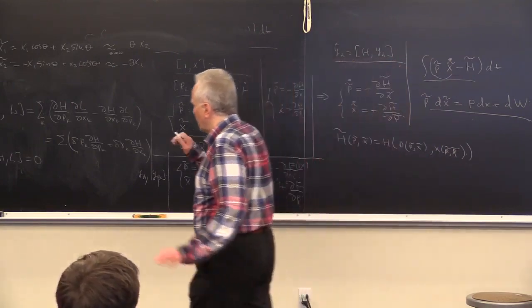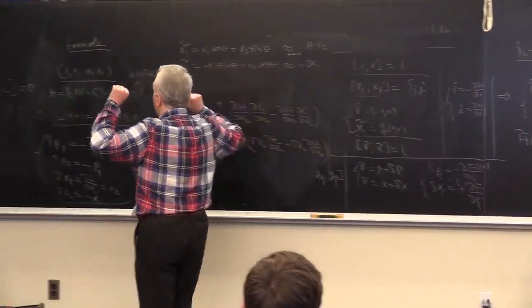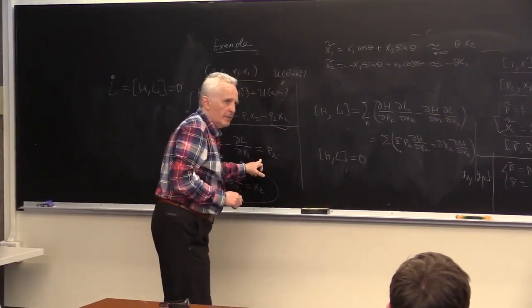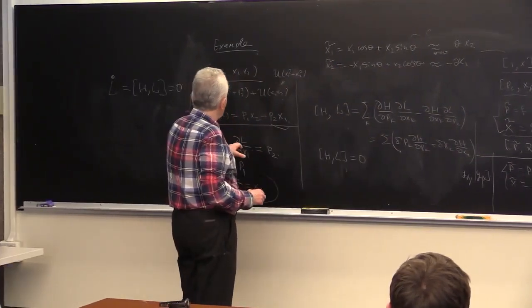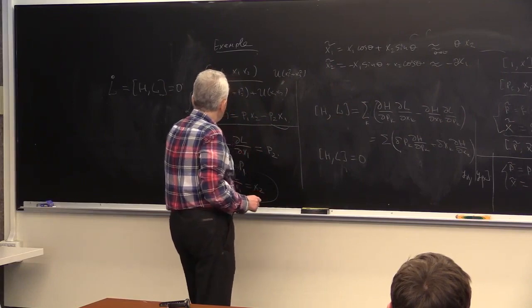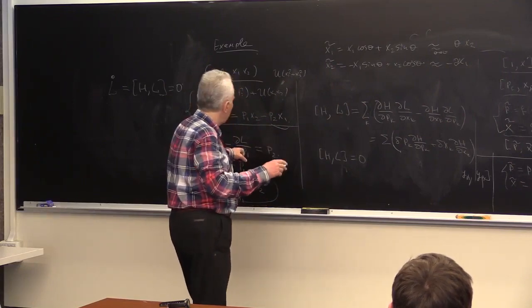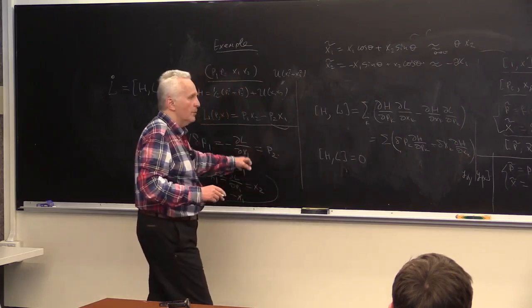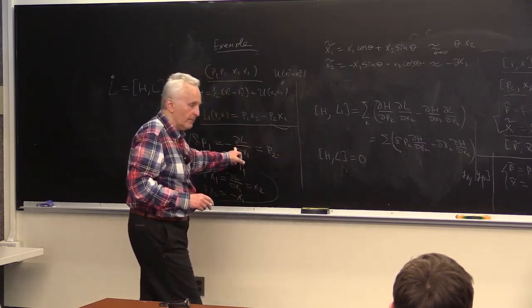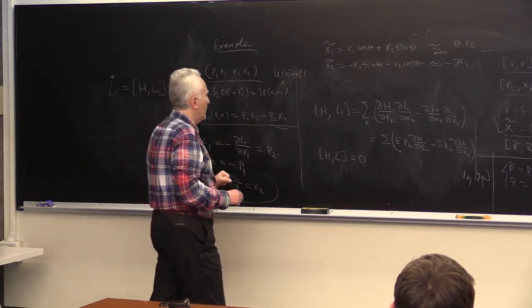Well, again, these are infinitesimal transformations, okay? We learned that these transformations are generated by function L. So these are canonical transformations which don't change the Poisson brackets. That's number one.